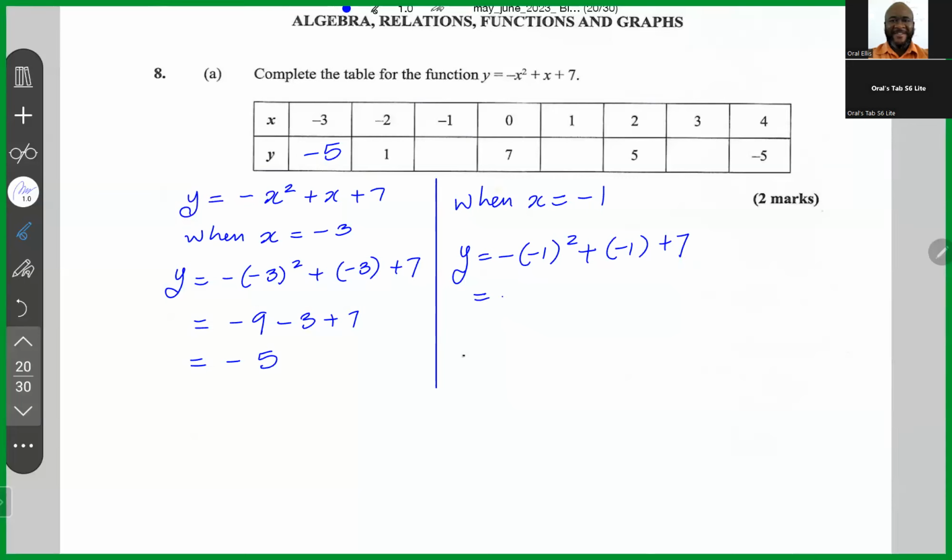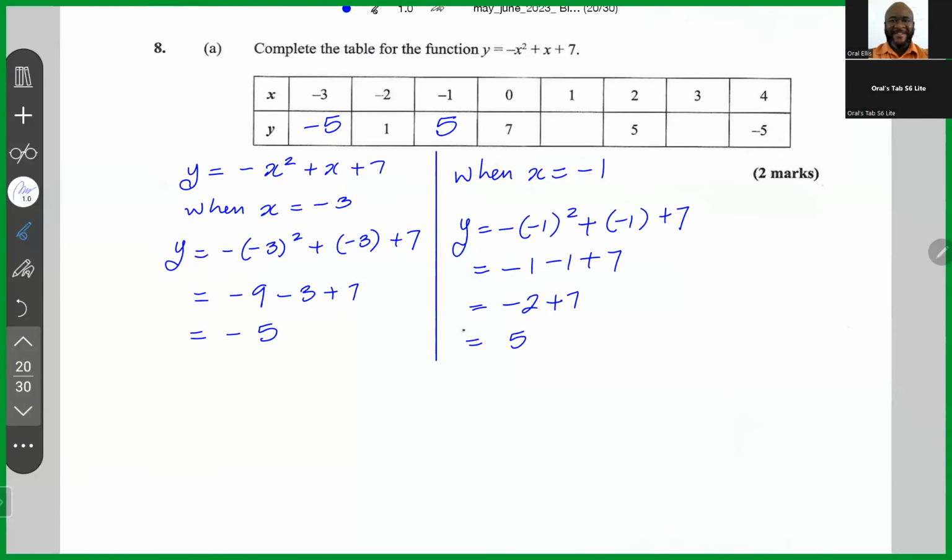Minus 1 squared is minus 1, and plus minus 1 is still minus 1 plus 7. This is minus 2 plus 7, which is 5. So the value here is 5.